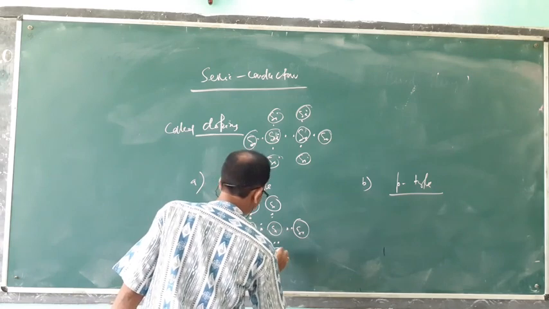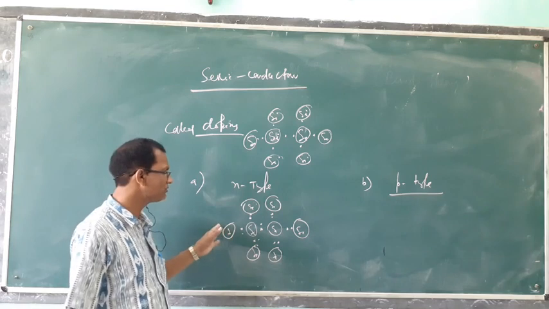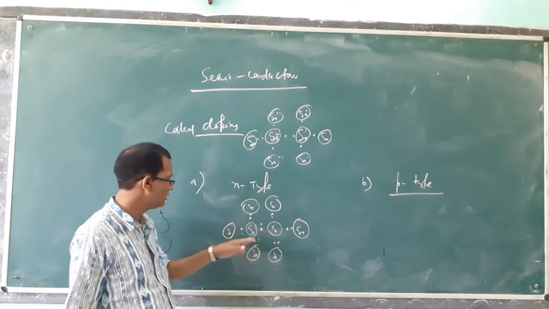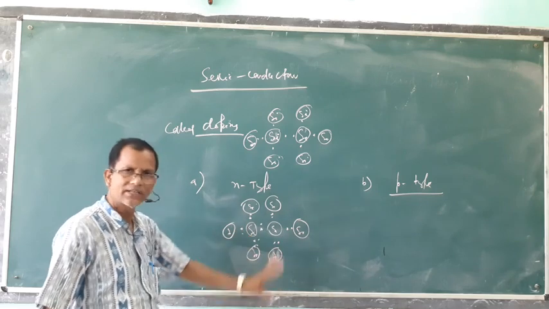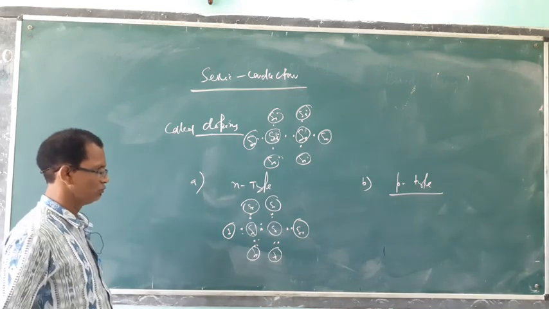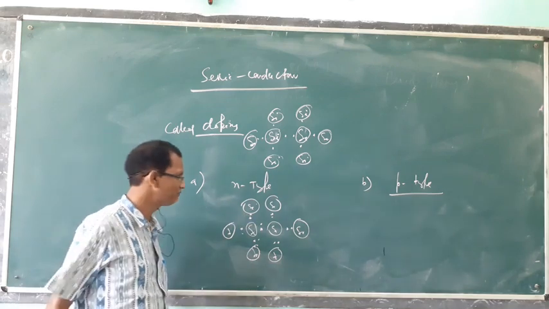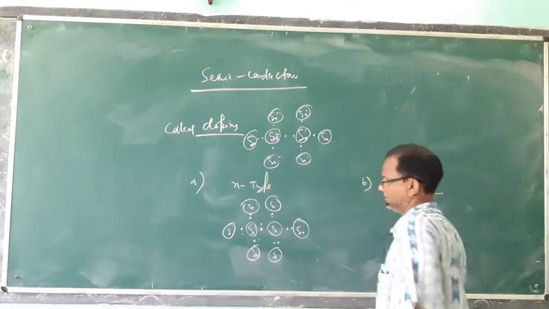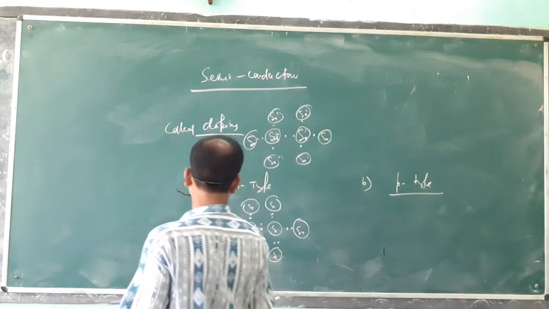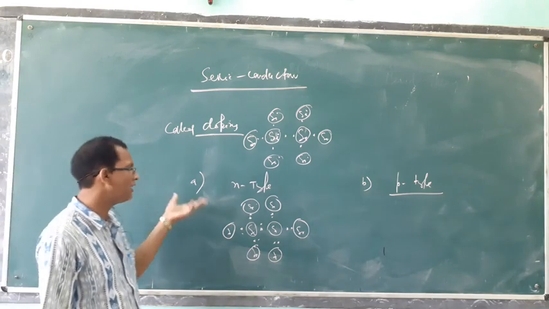So these are the arrangement of silicon atoms forming covalent bonds with each other, and the crystals are formed. But when silicon is doped with boron, antimony, nitrogen, phosphorus or arsenic, antimony.